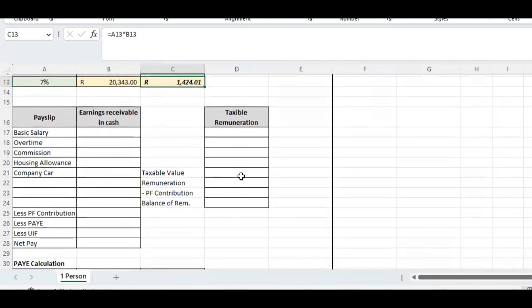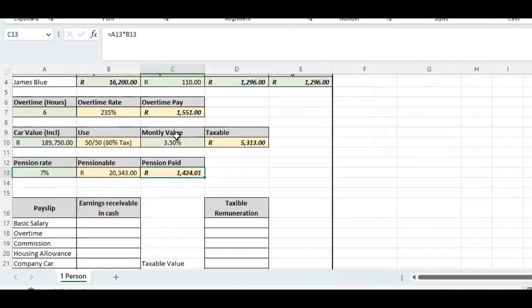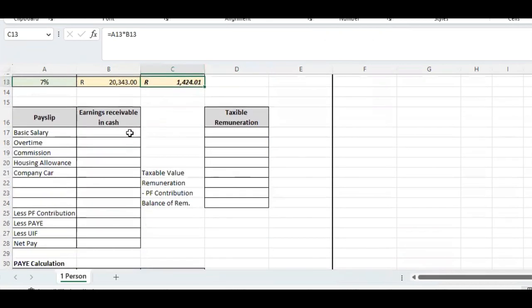Now, when I get to the salary slip and the tax remuneration table, I didn't fill in anything because I thought we can do it as we go along. So we know what his basic salary is. It was given, it's 16,200, and all of that is taxable.